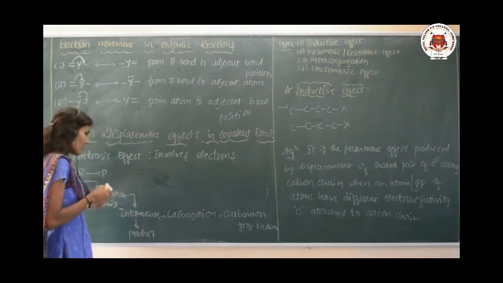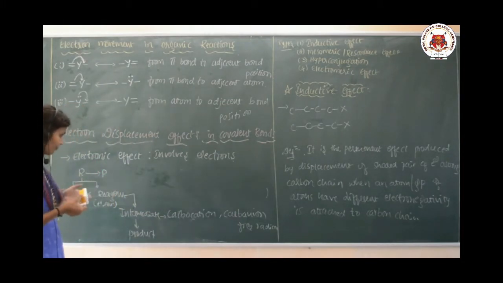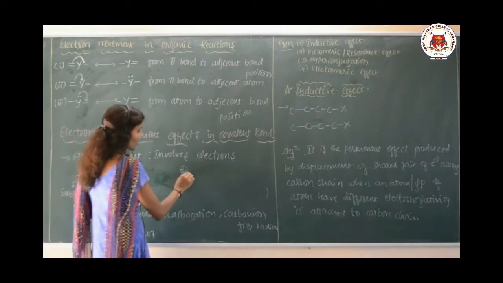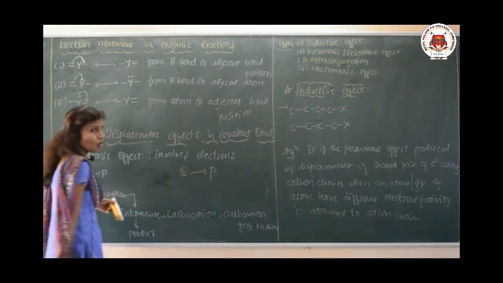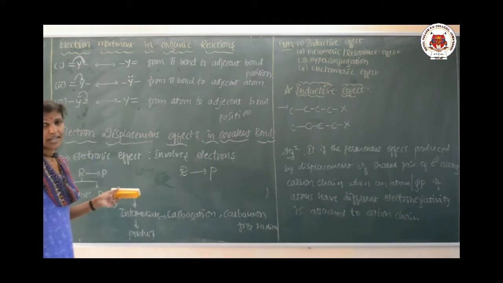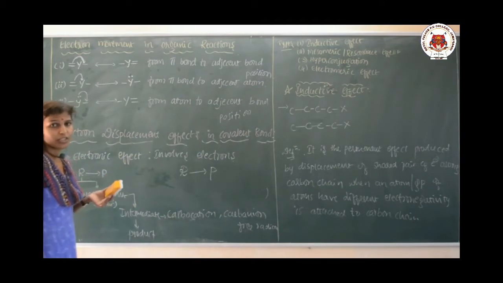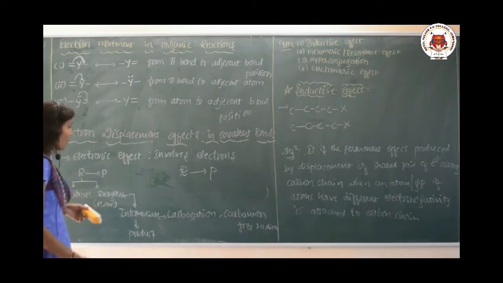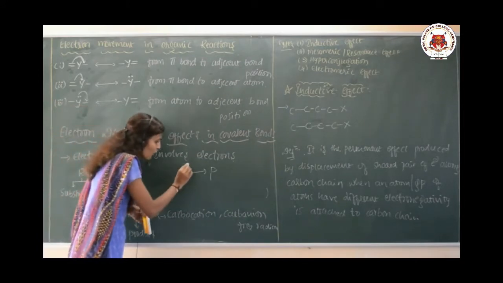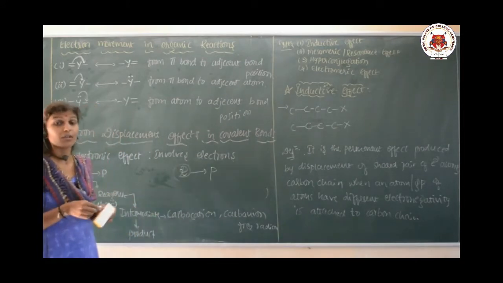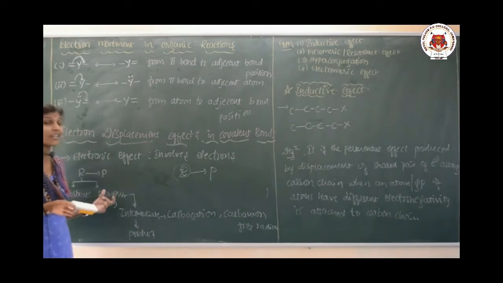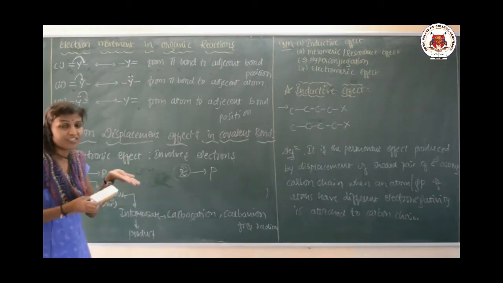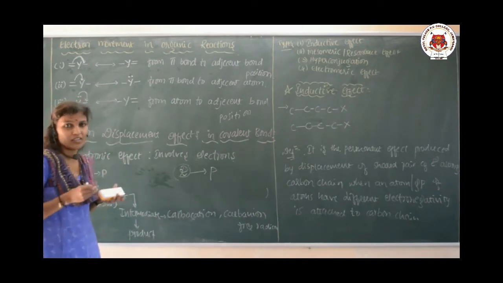Okay. And in any reaction, the reactant gets converted into product, but actually the reactant does not directly get converted into product. So what happens here? The reactant part involves both the substrate and the reagent. One substrate must be there and one attacking reagent must be there.